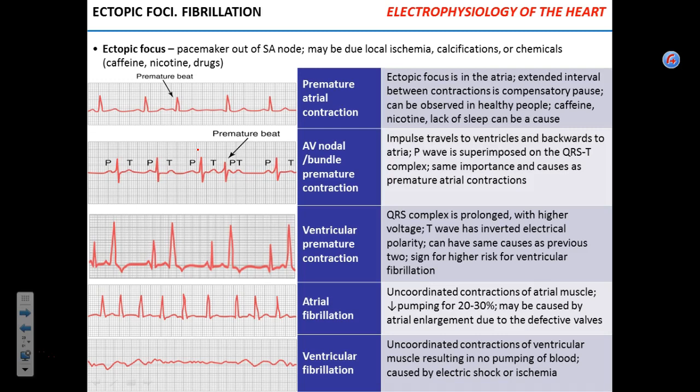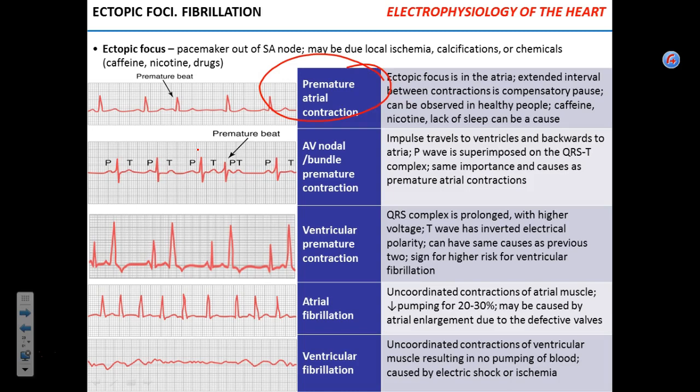So you have a set of pacemaker cells that initiate the depolarization of muscles, not at the right time. Okay? So basically, if it's in the atrium, it generates premature atrial contraction.